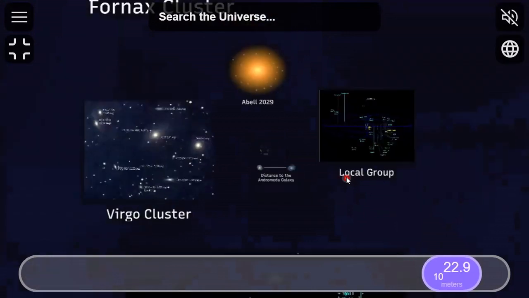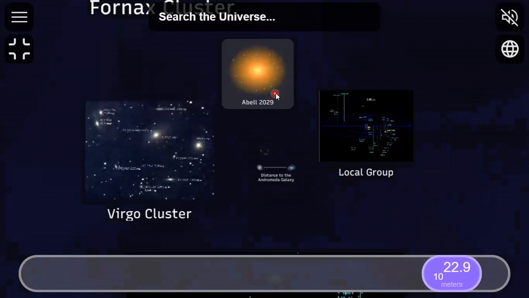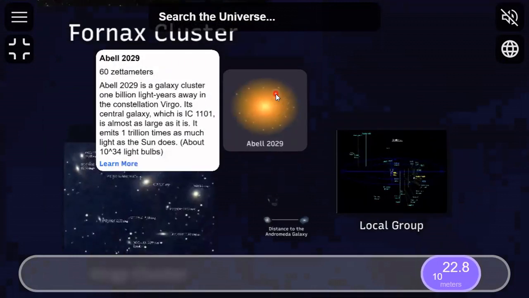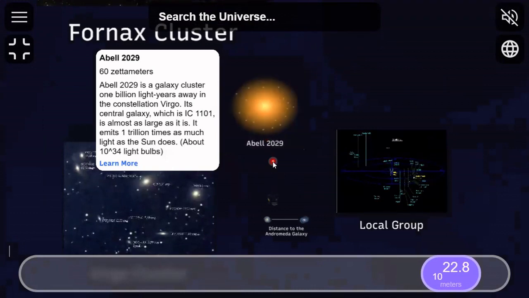Abell 2029. 60 zettameter. Abell 2029 is a galaxy cluster 1 billion light years away in the constellation Virgo. Its central galaxy, which is IC 1101, is almost as large as it is.